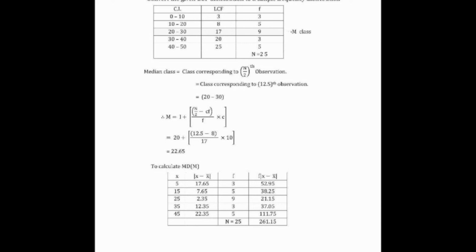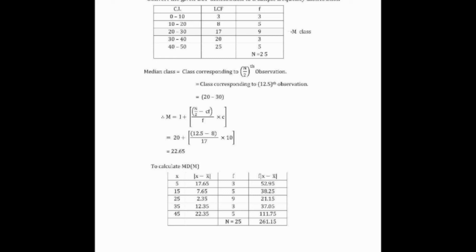But the answer you got is only the median, not the mean deviation from median. Now the mean deviation from median starts. That x value, x minus median: here x bar is given, but you have to take it as the median. Then the f value, then f into x minus median value.